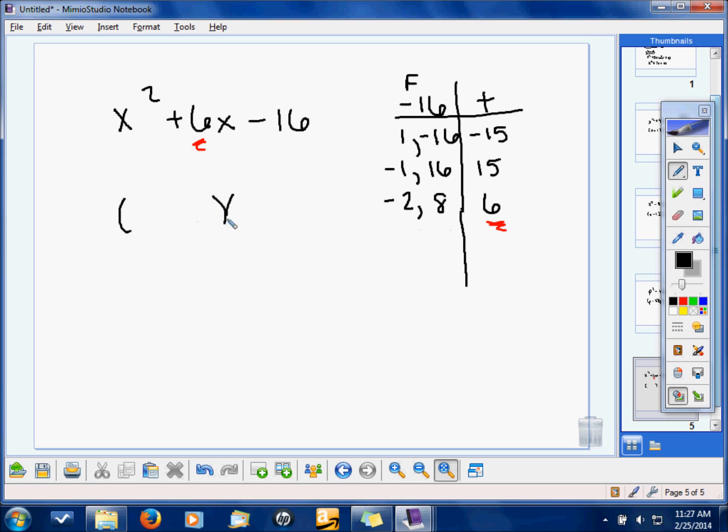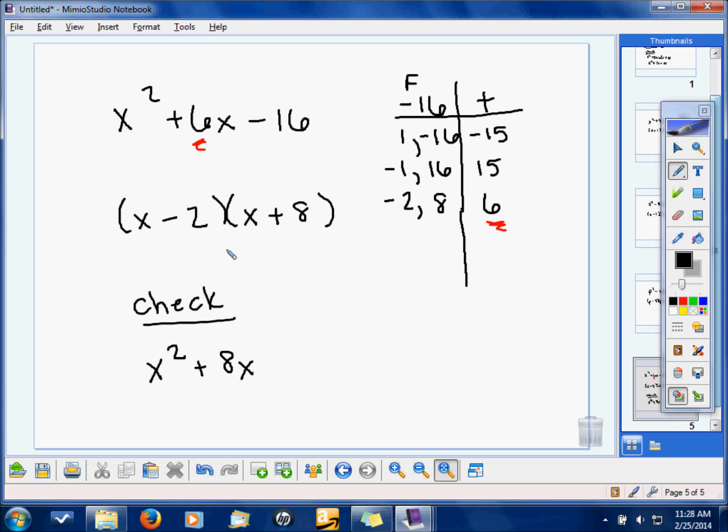So here we have x minus 2 and x plus 8. And if we wanted to check it, we can FOIL, or multiply the binomials. First terms are x squared. Outer is plus 8x.